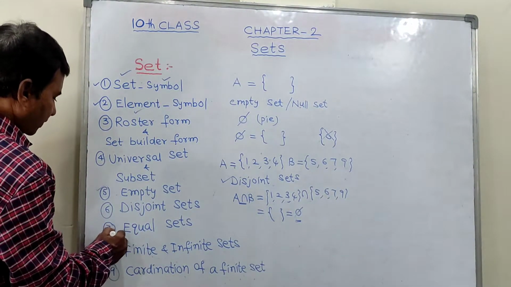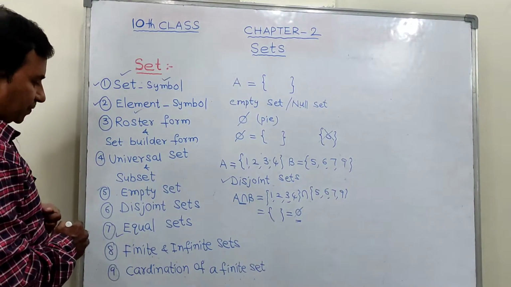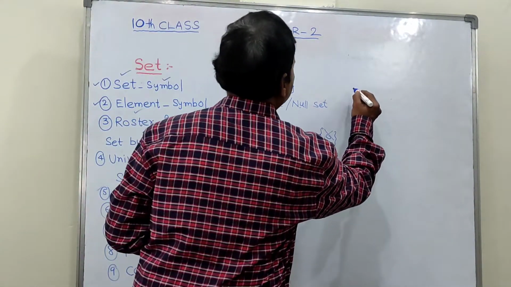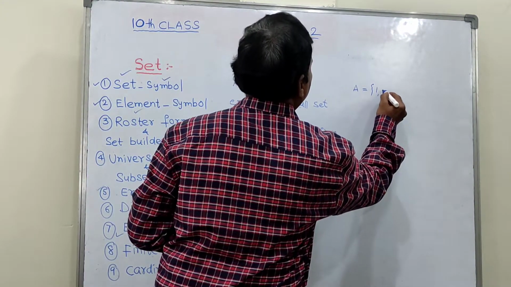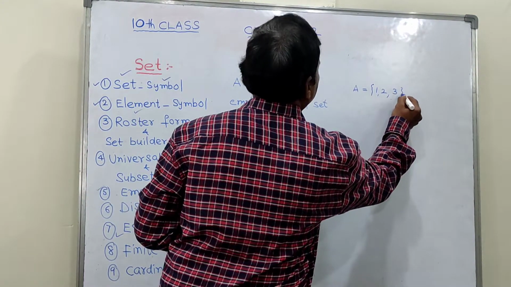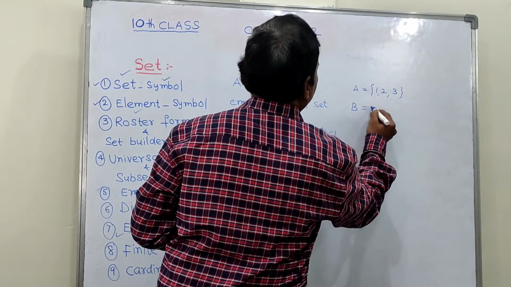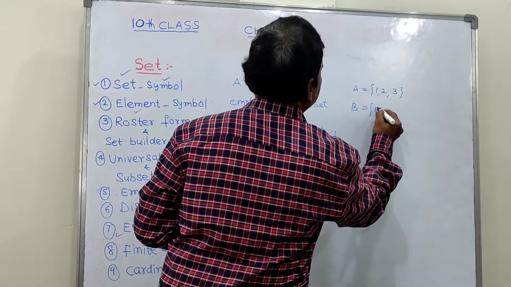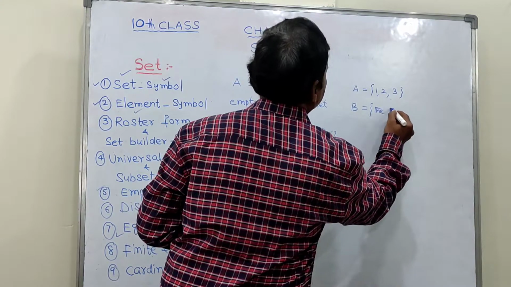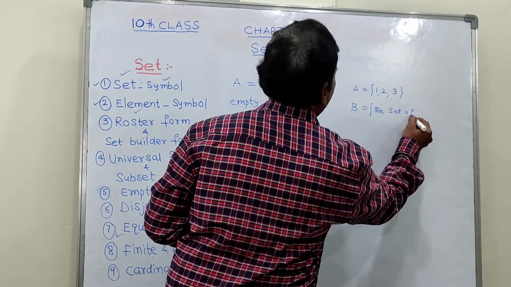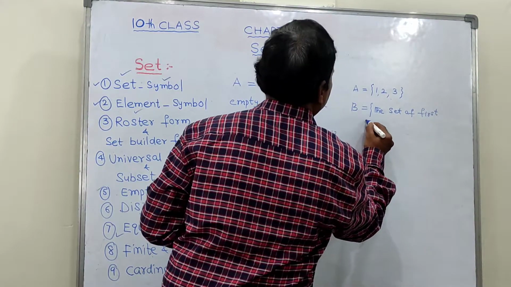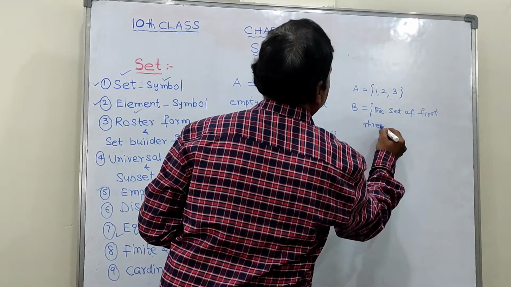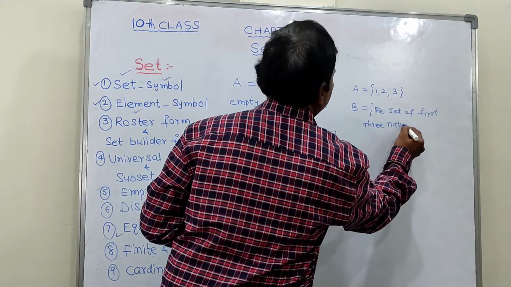Now coming to the seventh one, equal sets. Equal sets. It's very easy. Suppose I am taking A equals to 1, 2, 3 and B is equals to the set of first 3 natural numbers.